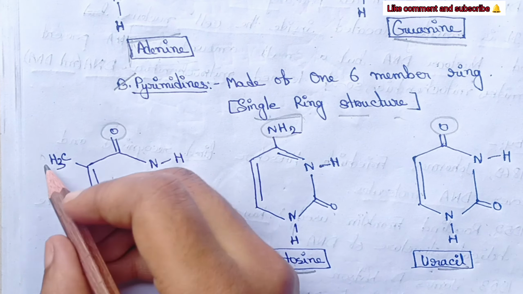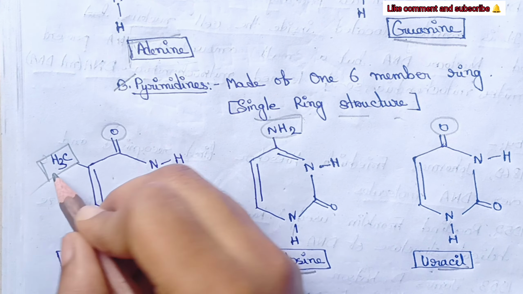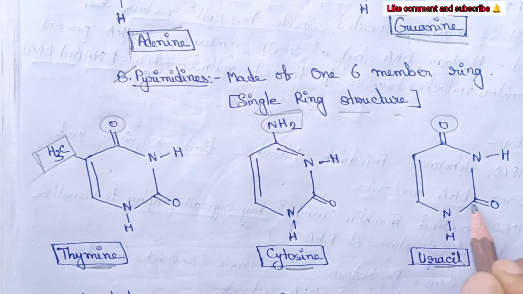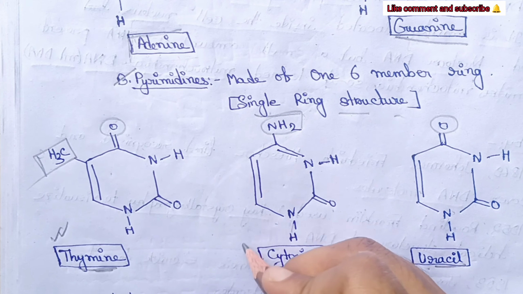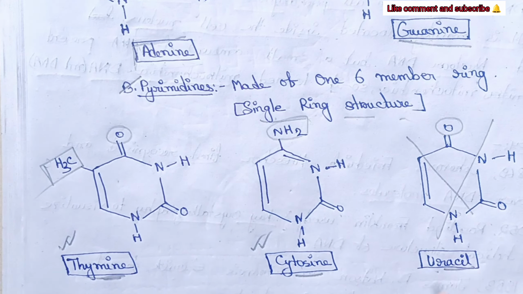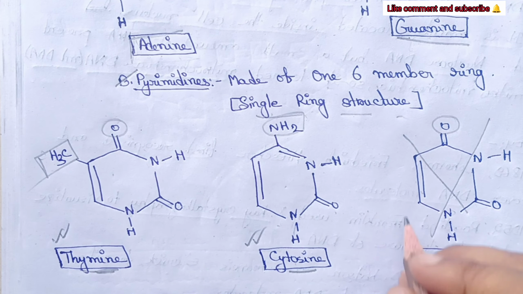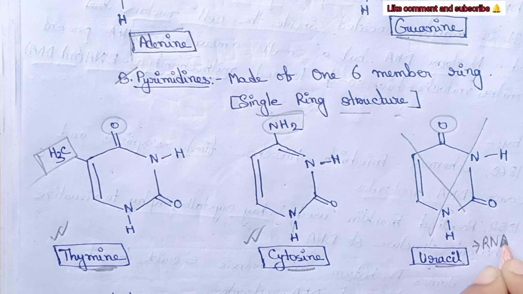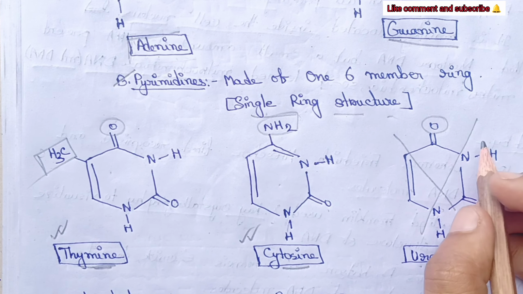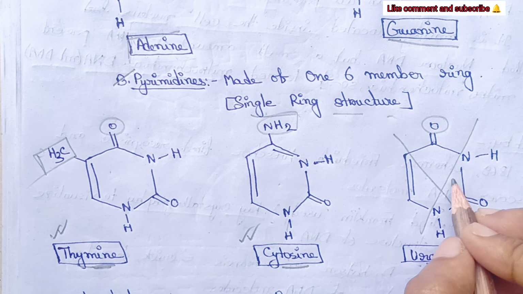In thymine there is a CH3 group, but in DNA only thymine and cytosine are present, not uracil. Uracil is present in RNA, not DNA. Uracil is absent in DNA.